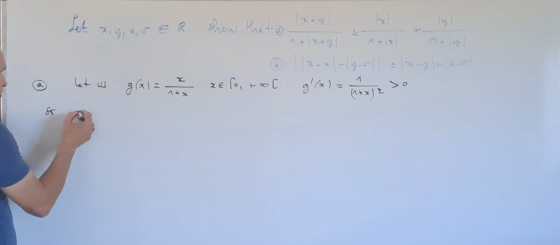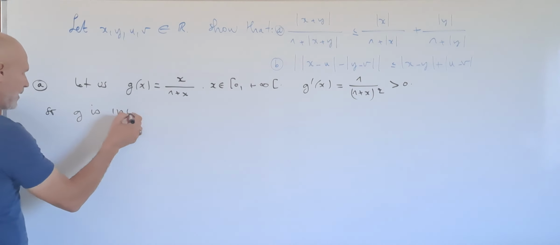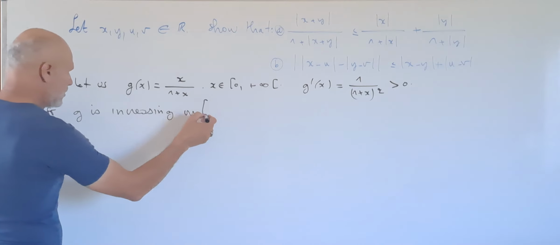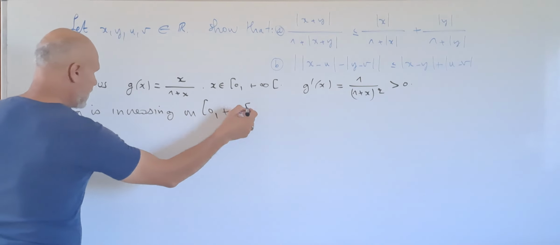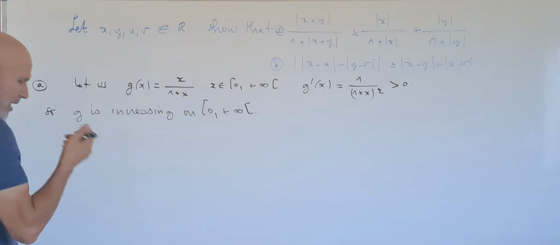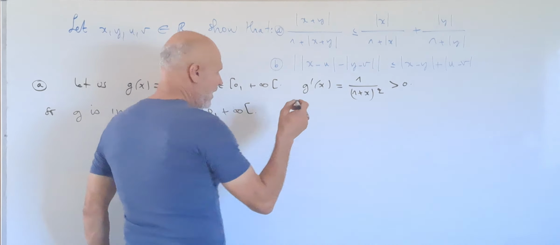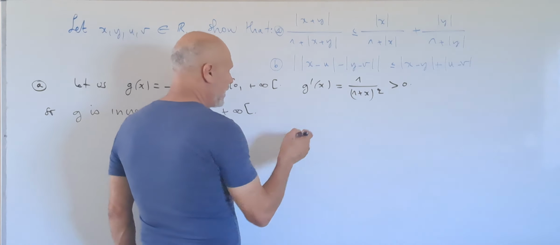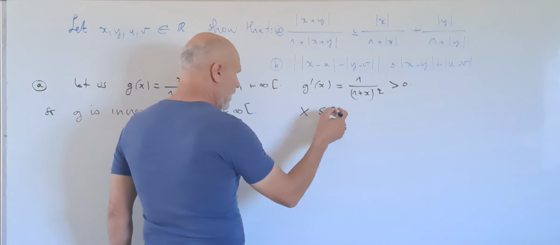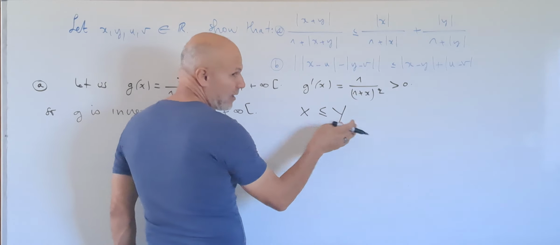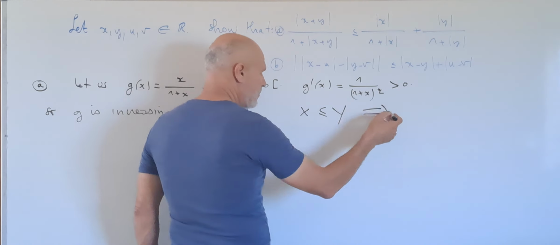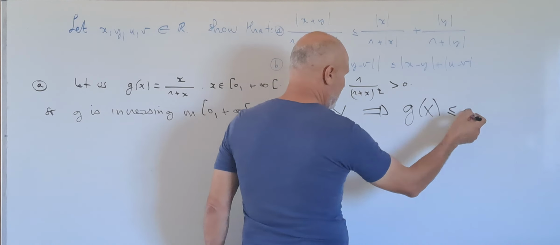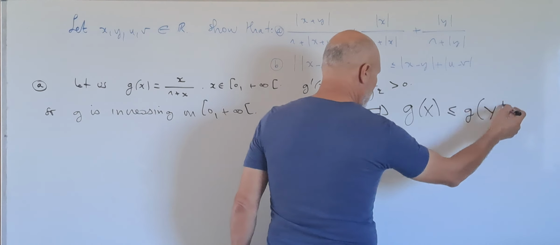So g is increasing on 0 plus infinity, and then if we have capital X and capital Y such that capital X is less than or equal to capital Y, this implies that g of capital X is less than or equal to g of capital Y. Why?